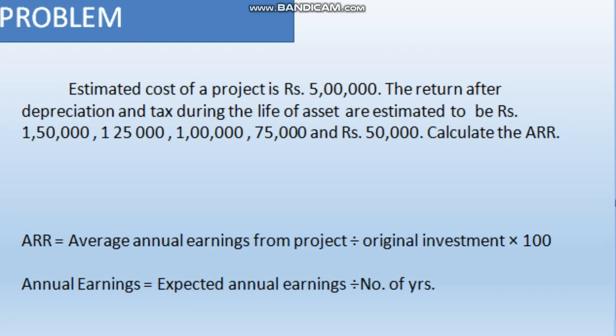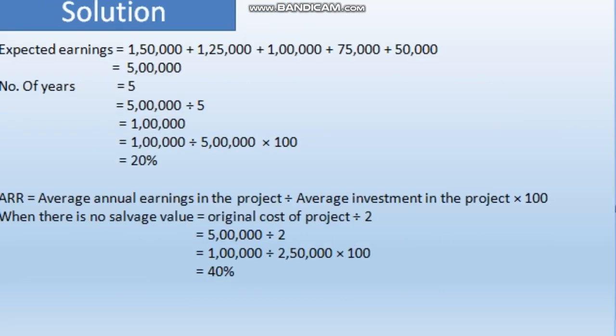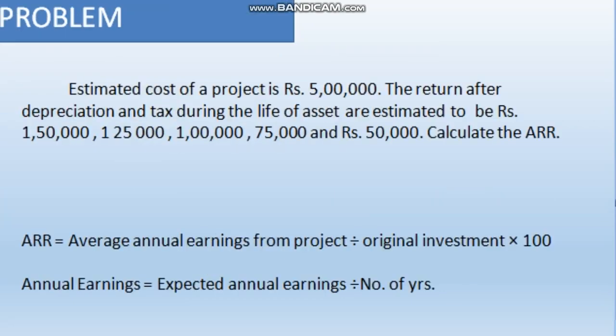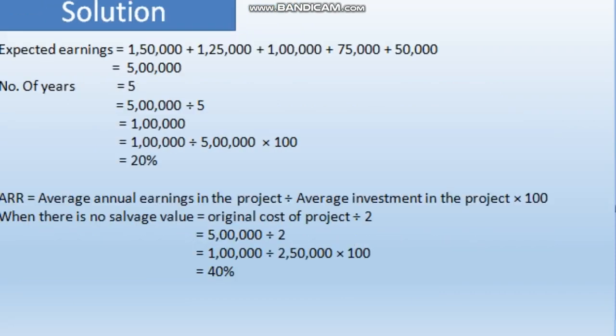So these are the formulas used for calculating ARR. Average rate of return is equal to average annual earnings from project divided by original investment into 100. Annual earnings is expected annual earnings divided by number of years. So let us see how to solve the problem using this method. The first thing is to find out the annual earnings, using the formula expected annual earnings divided by number of years.